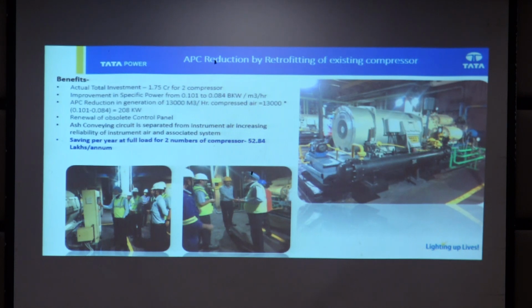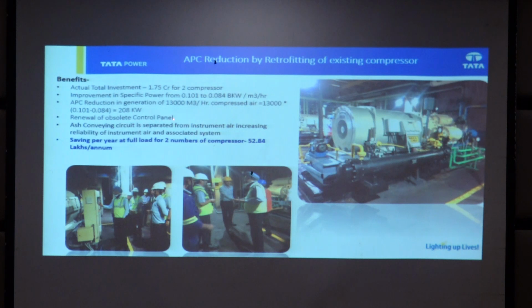And the retrofitting or modification, that means replacement of the air end of compressors 1A and 1B, gives us a total investment of 1.75 crore for two compressors. The improvement in specific power is from 0.101 to 0.084 brake kilowatt per cubic meter per hour. The reduction is 208 kilowatt.